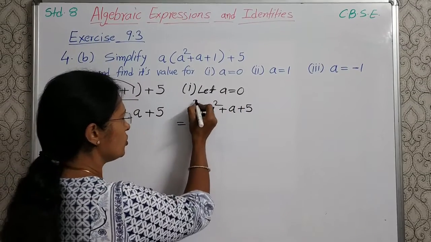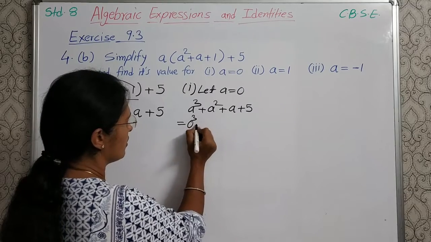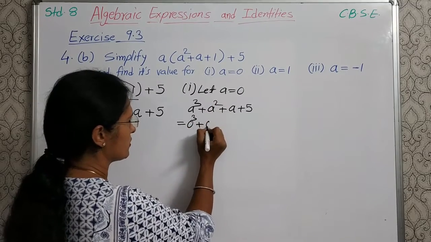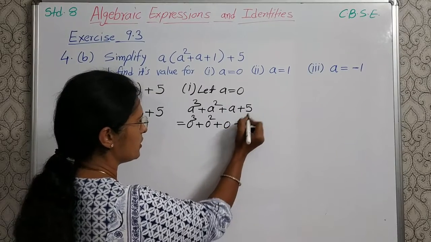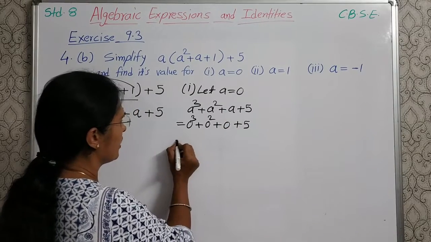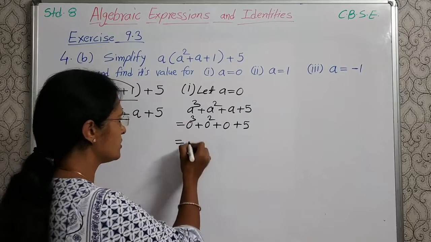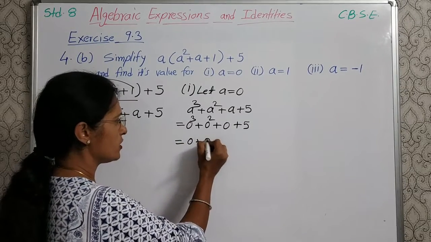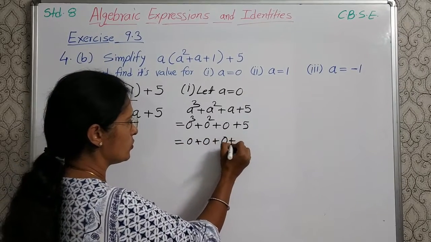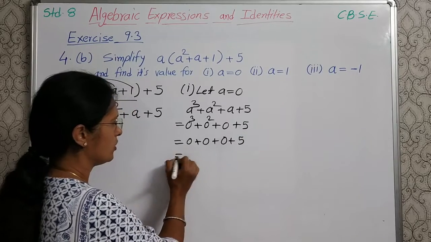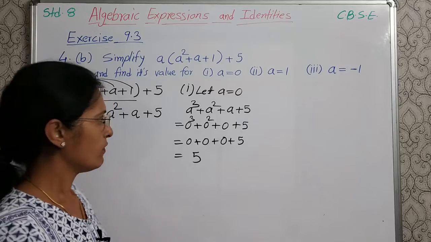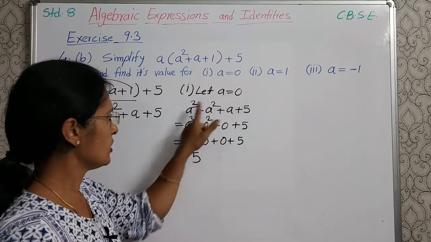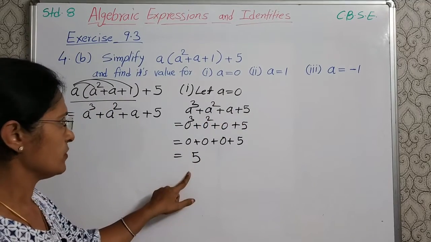So here 0 cube plus 0 square plus 0 for this a and then plus 5. Now you know that 0 cube is 0 only, 0 square is also 0, then this 0, then this plus 5. So the answer is 5 when we substituted a is equal to 0 in this expression.